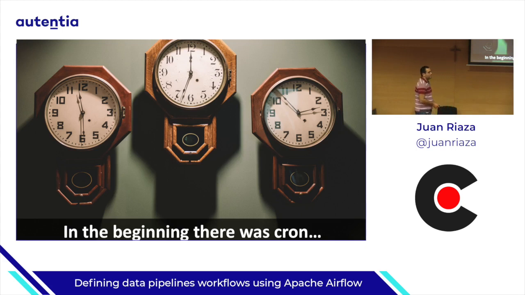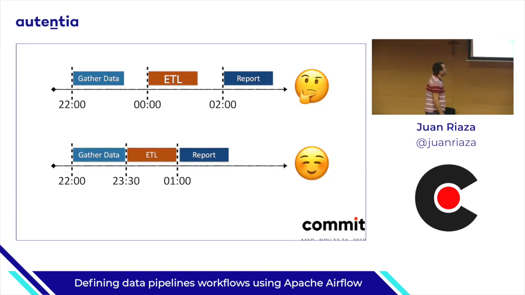So this is a bit of a story. In the beginning, there was cron. I guess when we start developing ETLs or data pipelines, we always think of cron. Okay, we have to schedule a certain task at some specific hour, and we need cron.